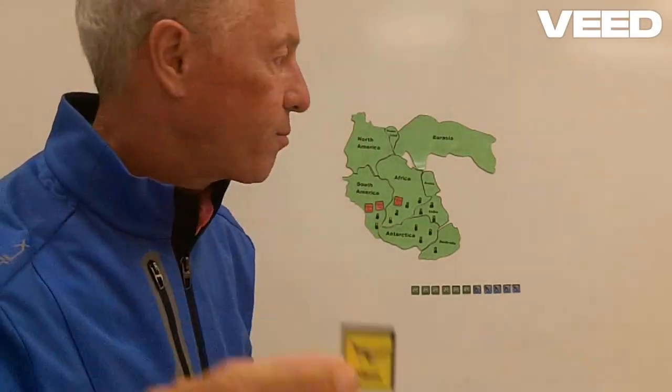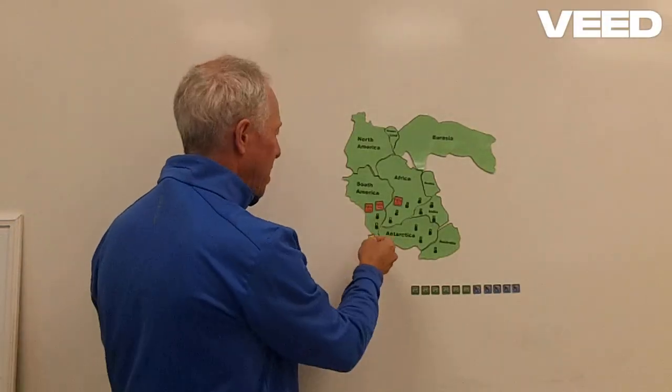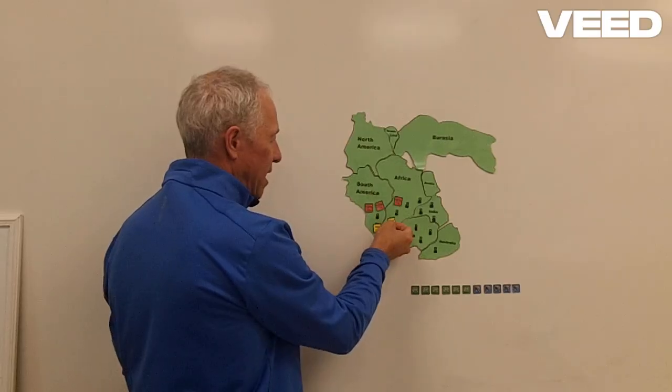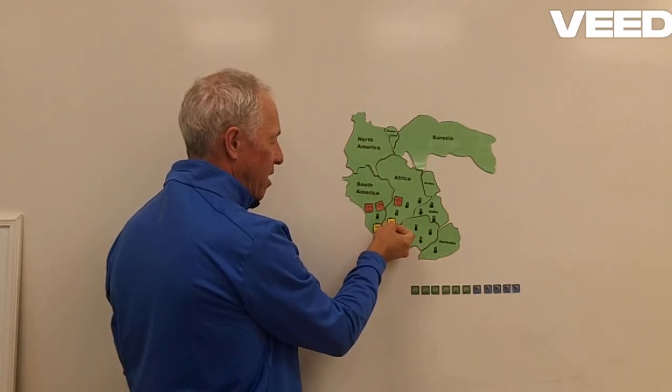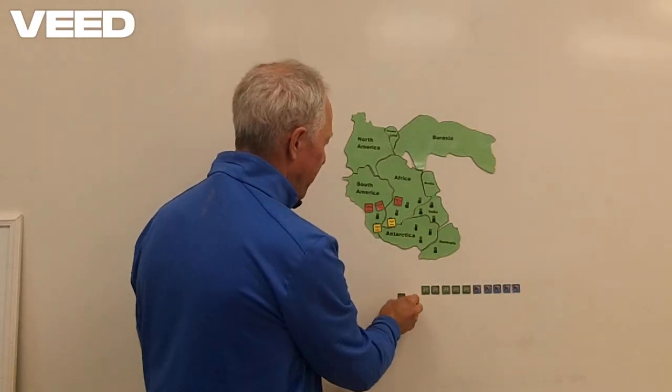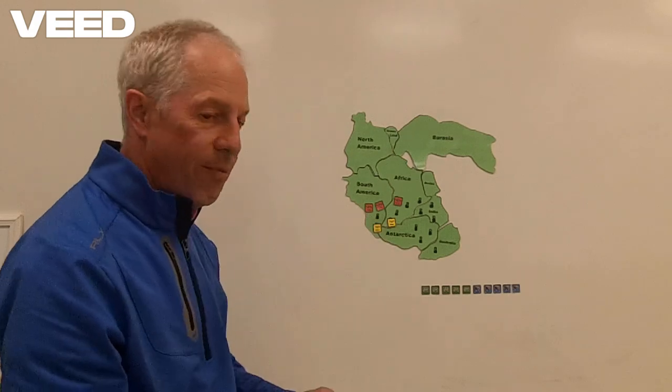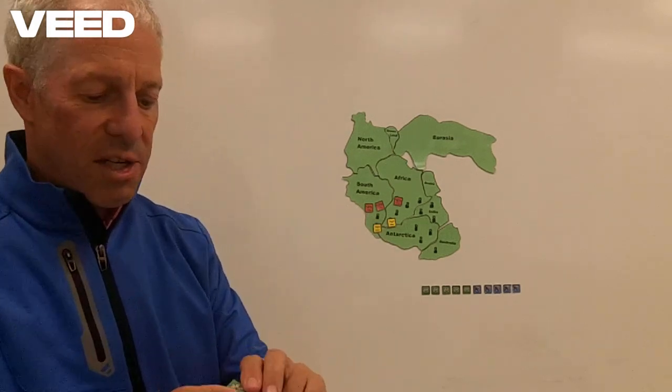The next set is Mesosaurus. Mesosaurus was an aquatic reptile that lived in southern South America and Africa. And as you can see, that's its range. This is Glossopteris.